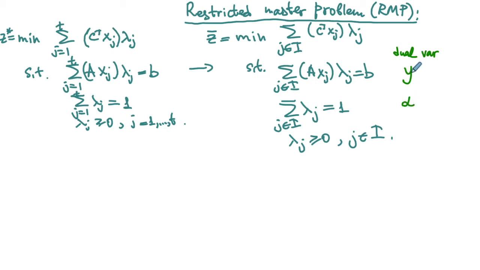So the vector y here has as many entries as the number of rows in the matrix A. Let's assume that it is given by m small as usual, and alpha is a scalar.